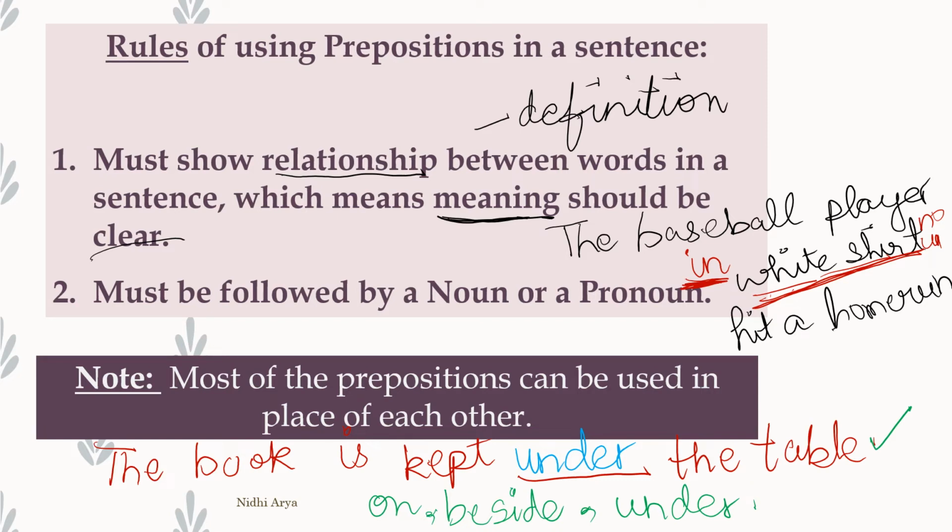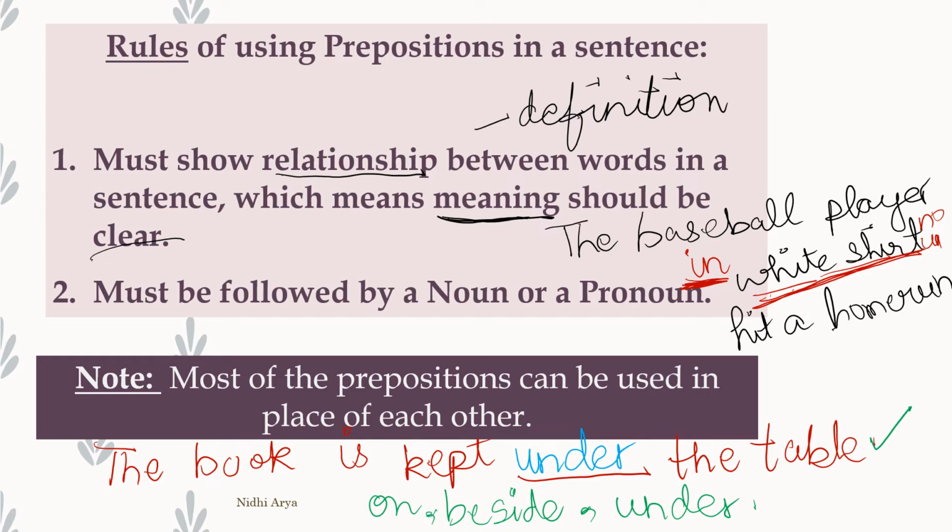You can use as many if that sentence makes sense, makes meaning. आप किसी सेंटेंस में कोई भी preposition यूज कर सकते हो, लेकिन important point क्या होना चाहिए कि उसका meaning clear होना चाहिए. ऐसा नहीं लिख सकते आप कि you just write any preposition और उसका meaning कुछ और ही निकले. So when you place a preposition in a sentence, you have to use it properly so that the meaning is clear.